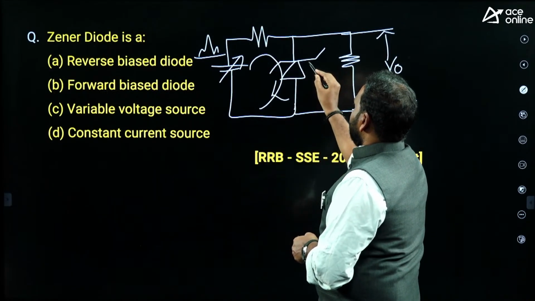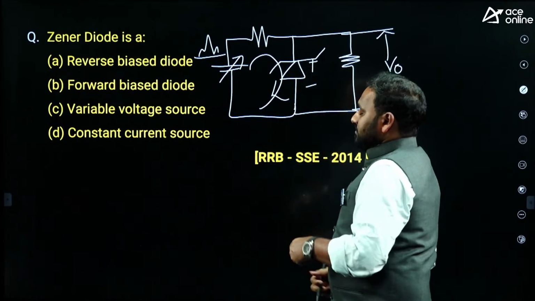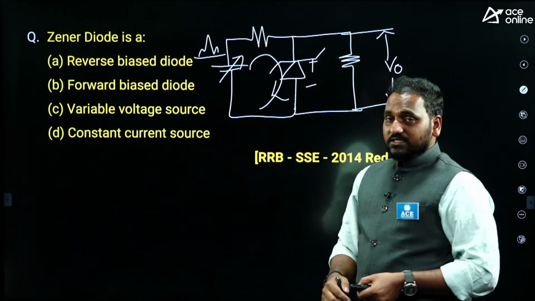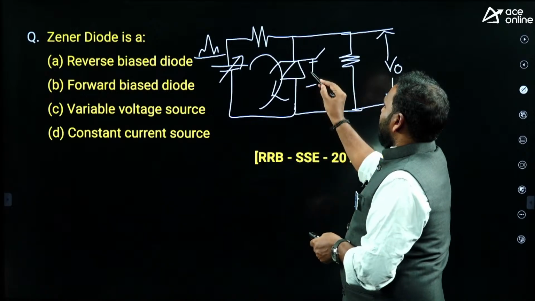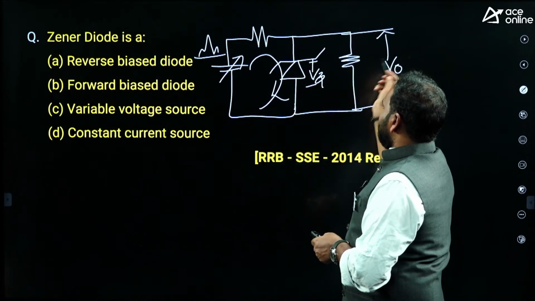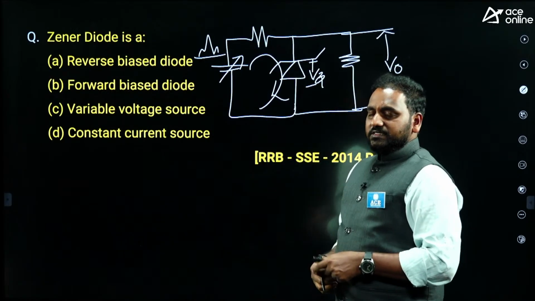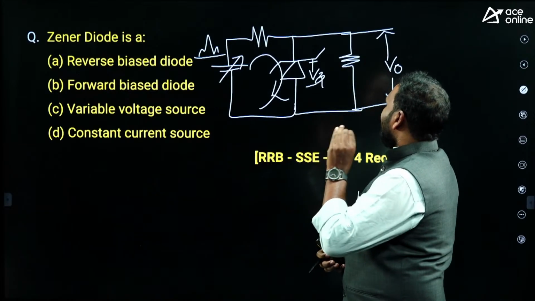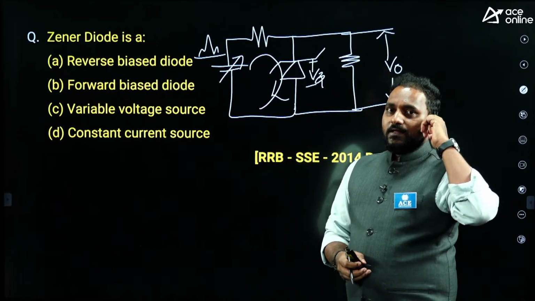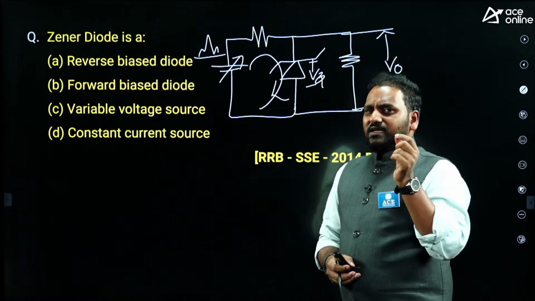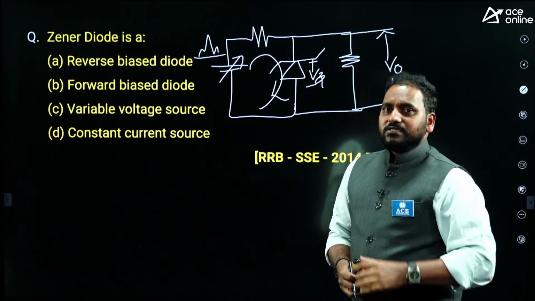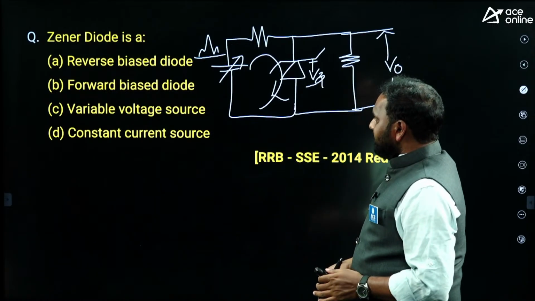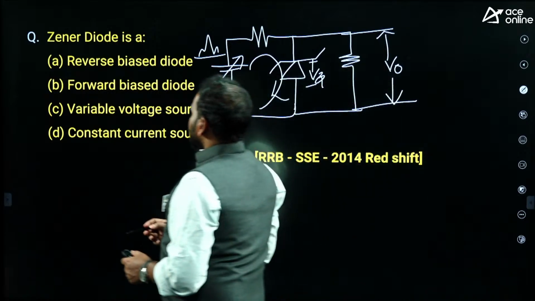The Zener diode should conduct in this direction, so we should select the resistors properly. The voltage across the Zener diode, Vz, is the output voltage. Its value remains constant under ideal conditions; practically there is a slight variation due to internal resistance. So the conclusion: the Zener diode is a reverse bias device.